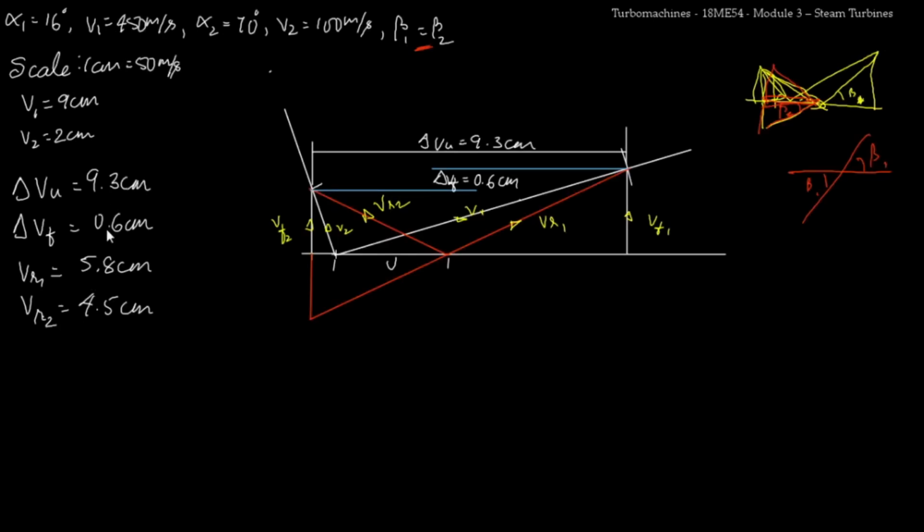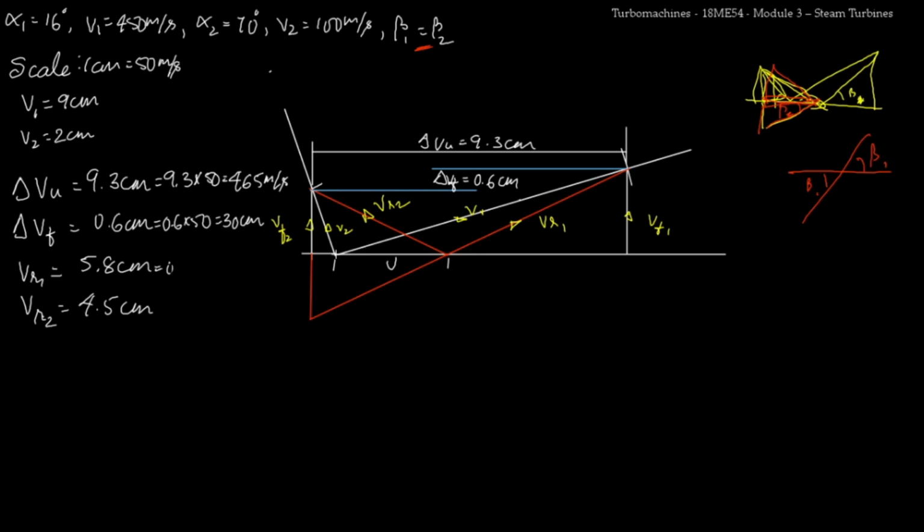We'll just convert this into meter per second here itself. So this will be 9.3 into 50, which is 465 meter per second. And this is 0.6 into 50, which is 30 meter per second.